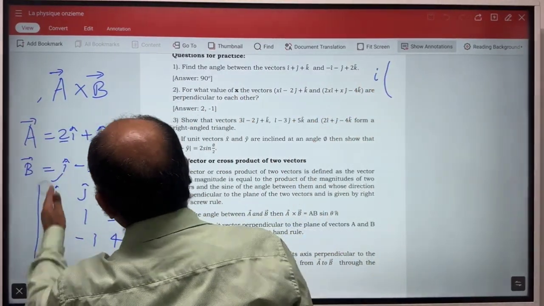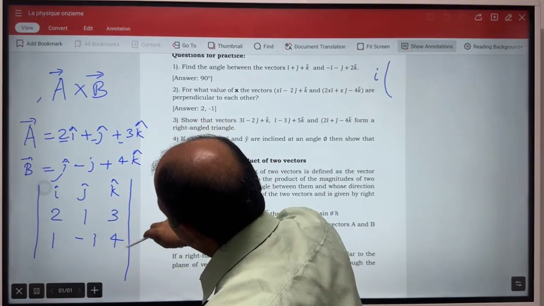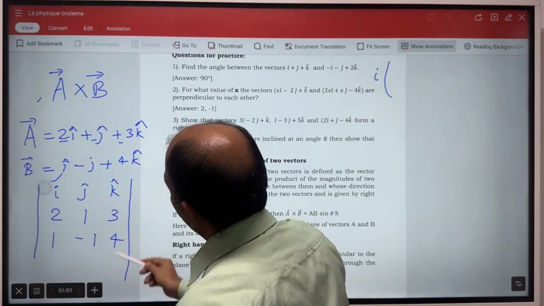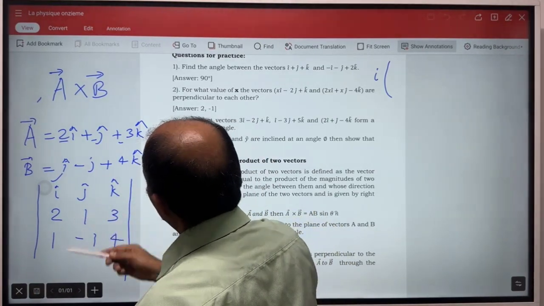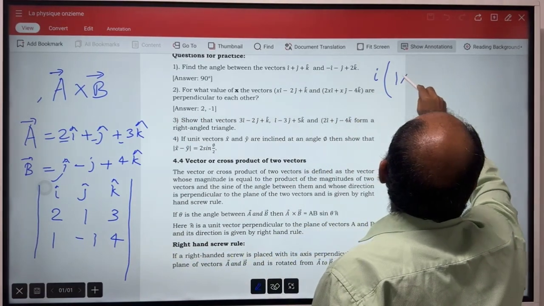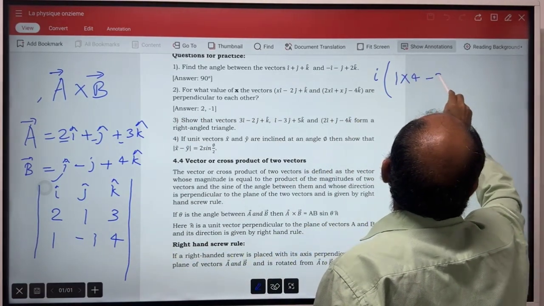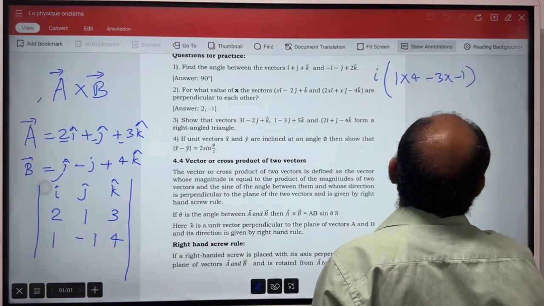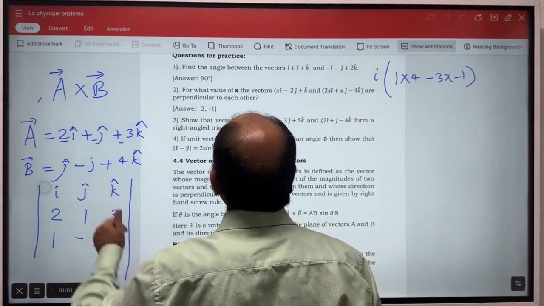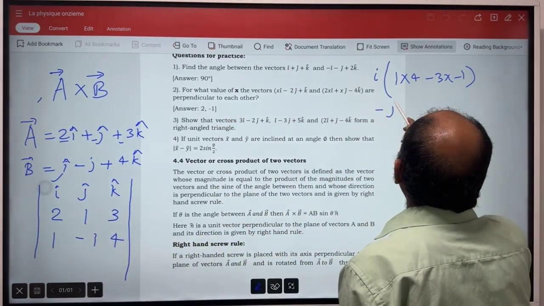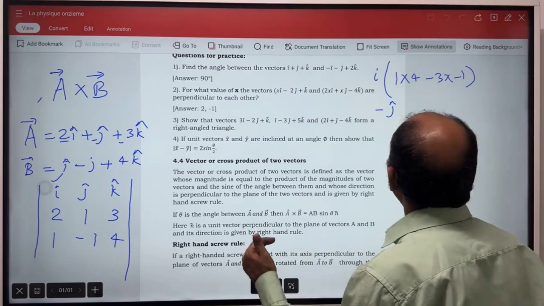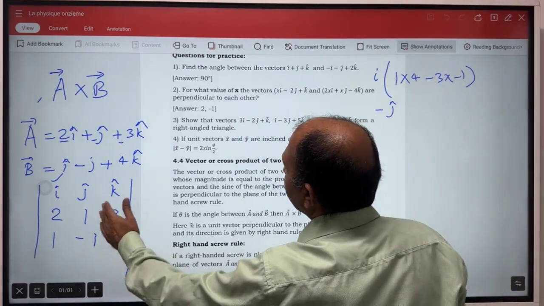Then we multiply like this: 1 into 4 minus 3 into minus 1. Now make the j negative. Don't worry, I will tell you why, but let's finish this question.